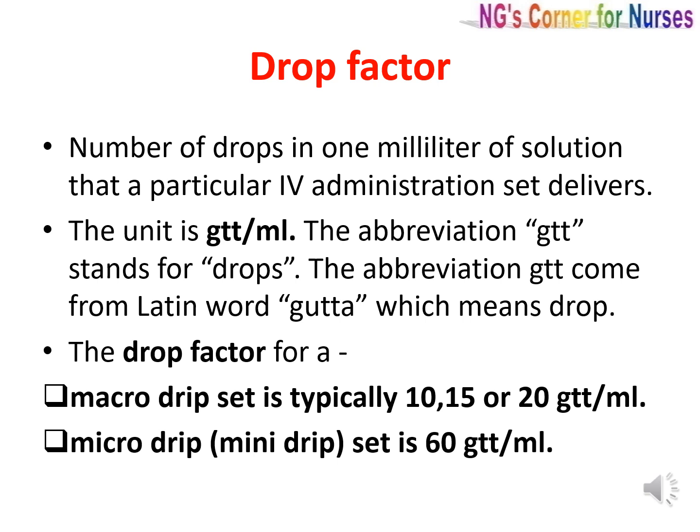The abbreviation GTT stands for drops. The abbreviation GTT comes from a Latin word gutta, which means drop. The drop factor for a macro drip set is typically 10 or 15 or 20 GTT per ml, and in micro drip set it is 60 GTT per ml.